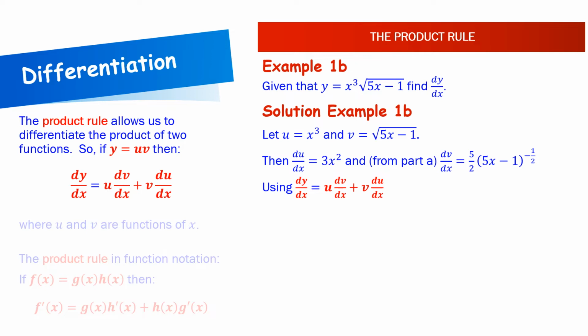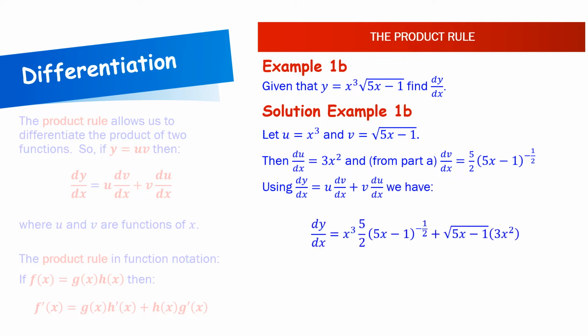Dy dx equals u times dv dx plus v du dx, to give us that dy dx equals x cubed times 5 over 2 times 5x minus 1 to the power minus a half plus root 5x minus 1 times 3x squared.